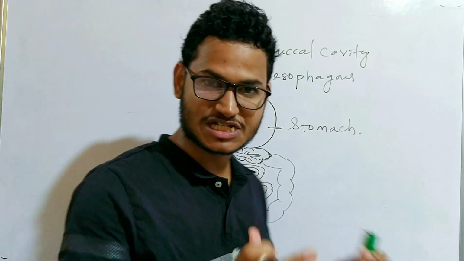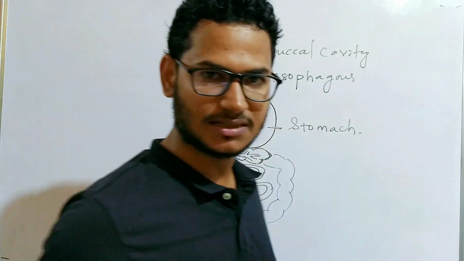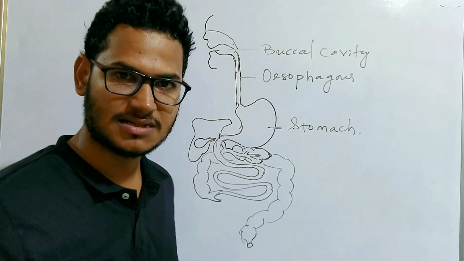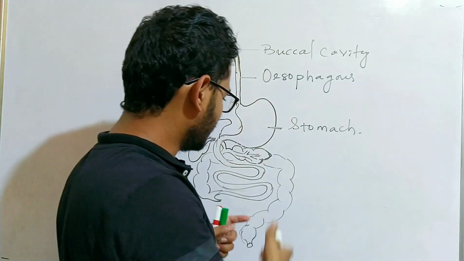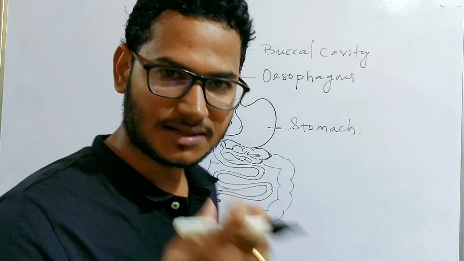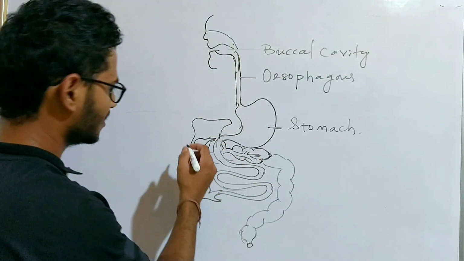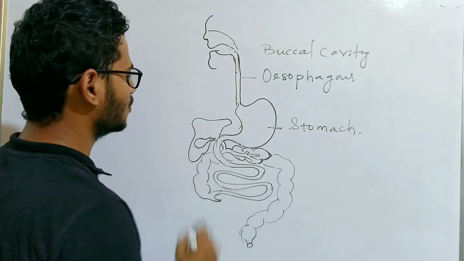It is the widest part of the alimentary canal. Total alimentary canal starts from mouth to anus, and in the long pipe, the widest part is our stomach. So these are two important glands.